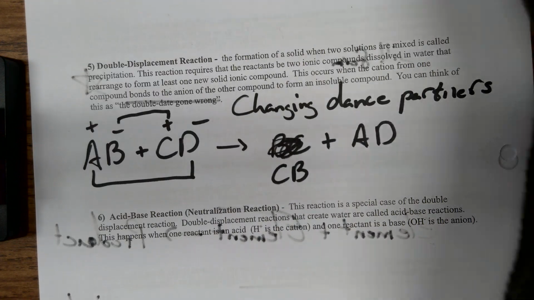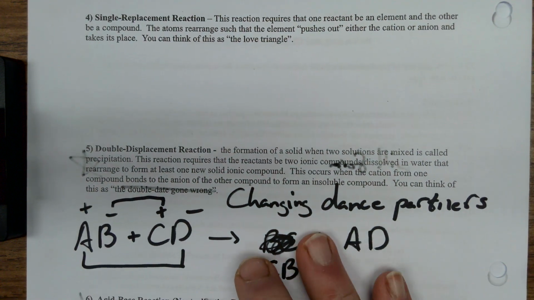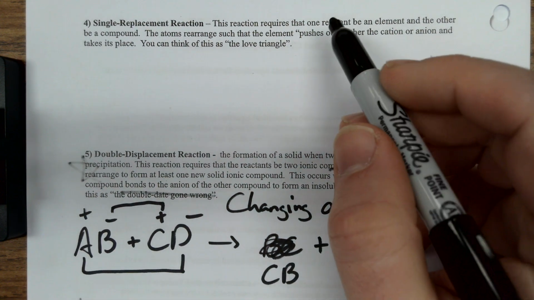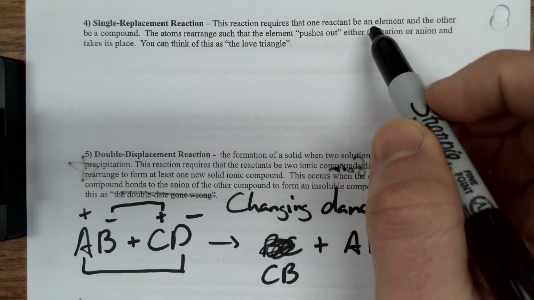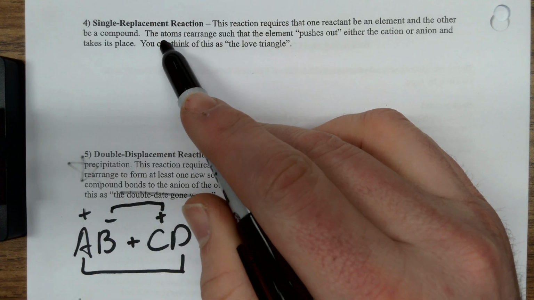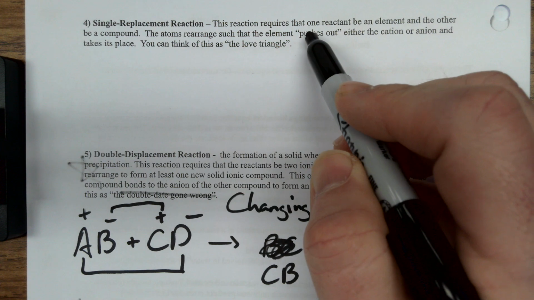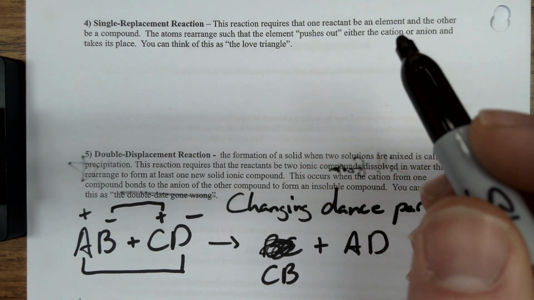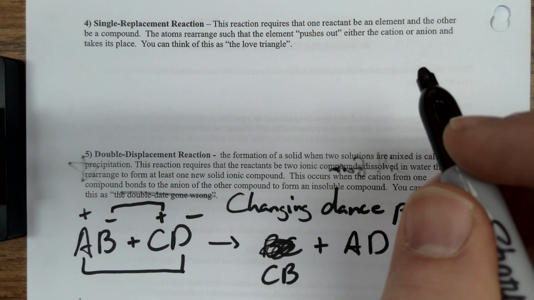Now let's go into our single replacement. A single replacement reaction occurs when one reactant is an element and the other is a compound. The atoms are going to rearrange so that the element pushes out either the cation or anion and takes its place.